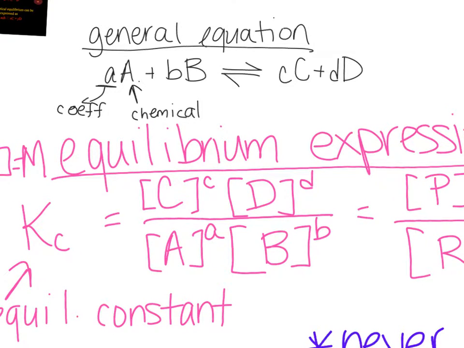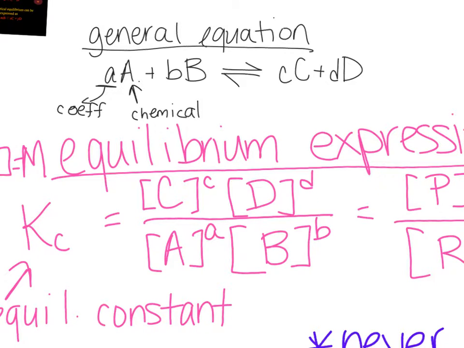So your equilibrium expression defines your equilibrium constant, okay? There's not one set constant. It just depends on your reaction and the conditions, okay? So Kc is equal to, if you notice, C to its what? Coefficient.